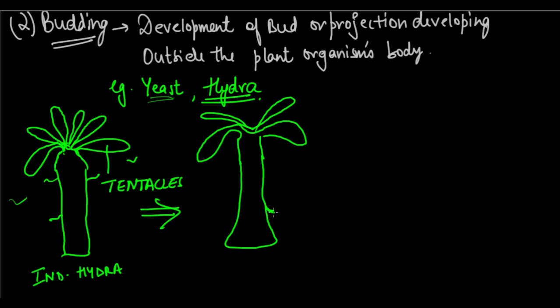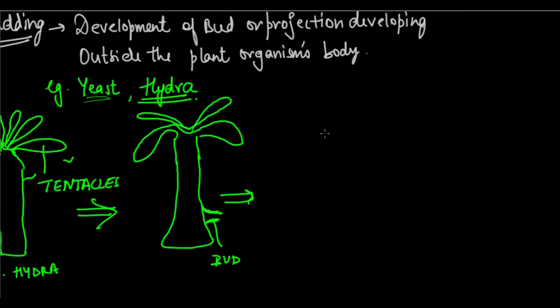Just at the bottom of the hydra, something like this is developing. This is the bud which is developing. The next thing which is going to take place is the development of that bud further on.